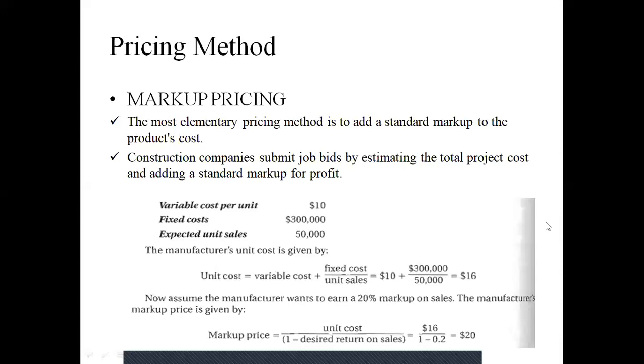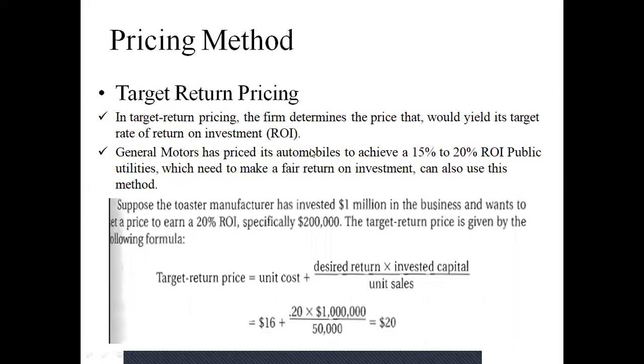But here we are doing the reverse process. So on investment, how much return are we expecting? Like GM, they price their automobiles to achieve 15 to 20% return on investment.